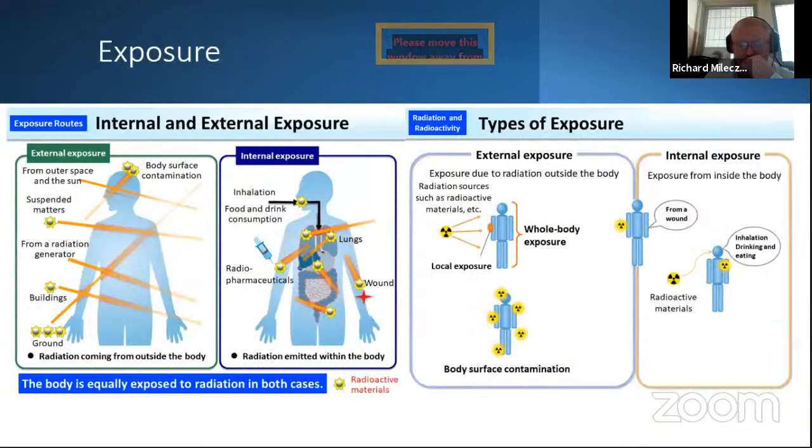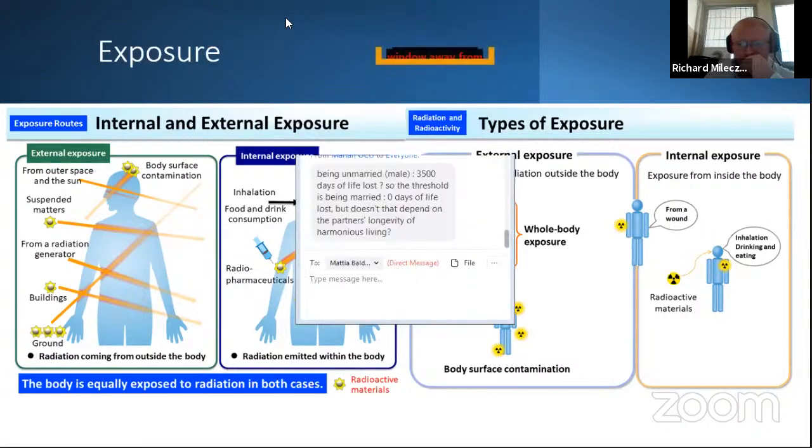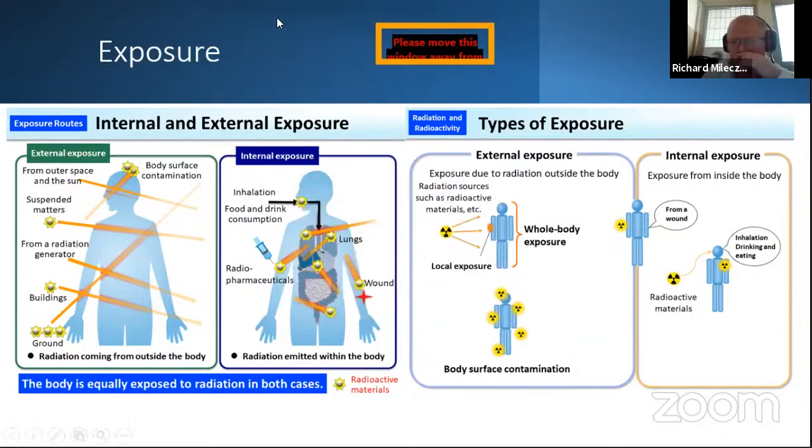When it comes to radiation protection, it's important to note what kind of exposure we are trying to protect people from. There is external exposure and internal exposure. External exposure is when the source is located somewhere outside the body. And internal exposure is when the isotopes themselves get into the body.